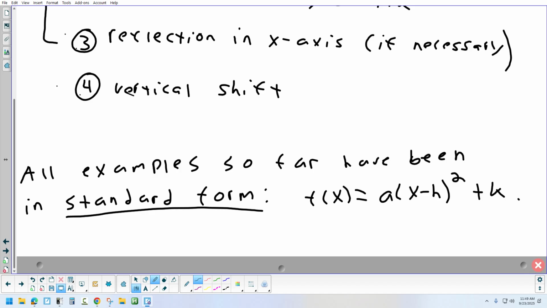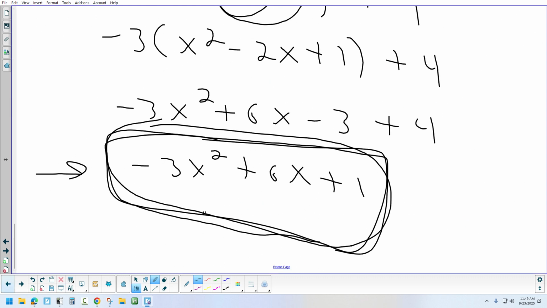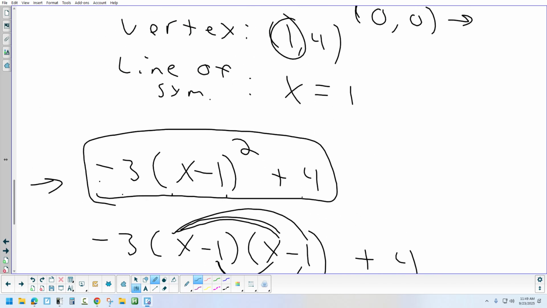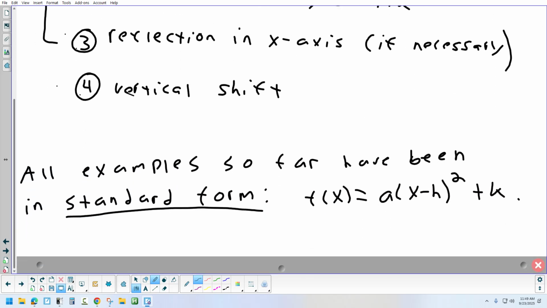If I gave you a problem that was not in standard form, like this one, you would have to figure out how to change this back to that, which is not something I'm going to talk about right now. But it is doable. But it's extra steps. Okay, any question on that?